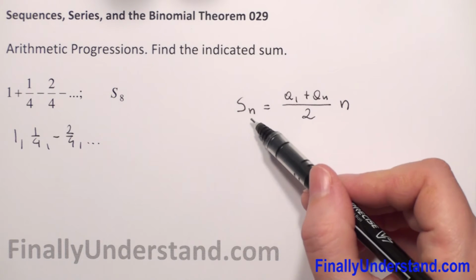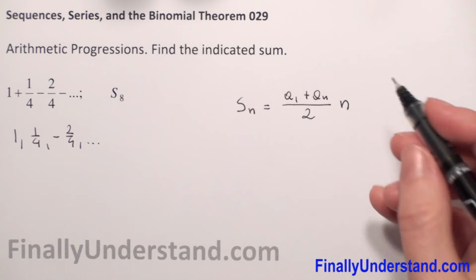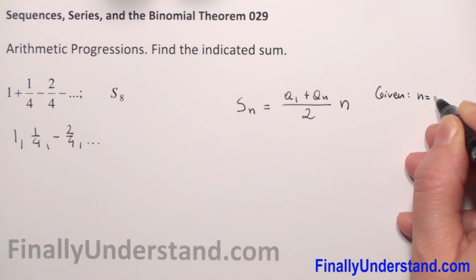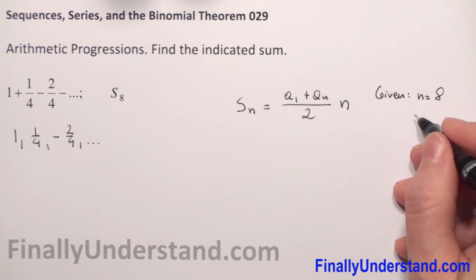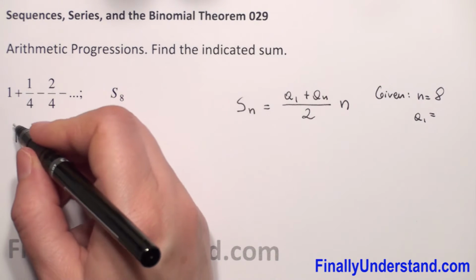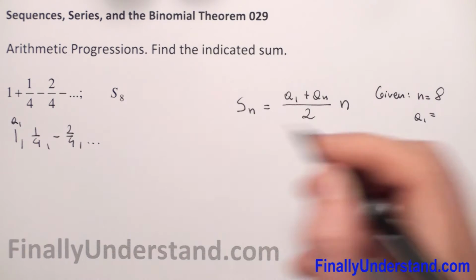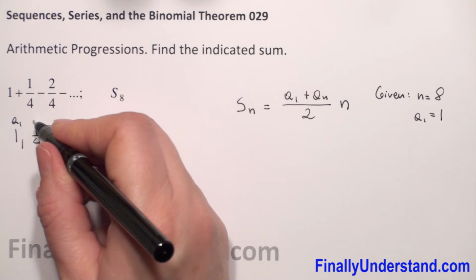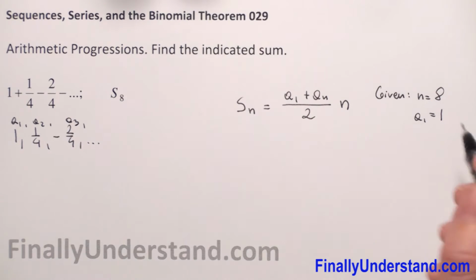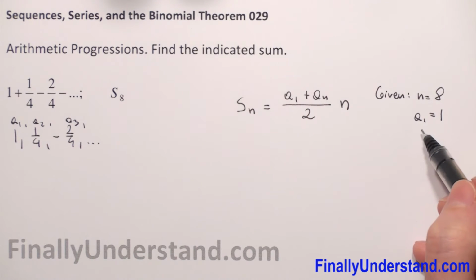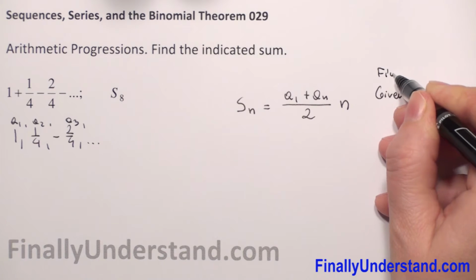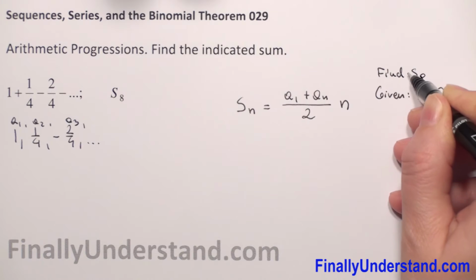We have given n is equal to 8. a1 is equal to the first term, so this is 1, this is the second term, this is the third term, and so on. This we have given.